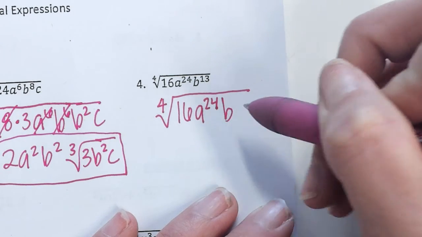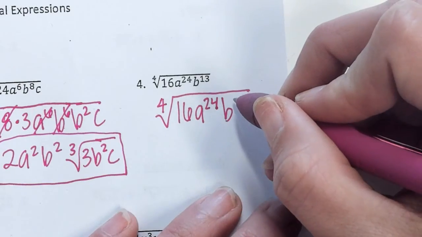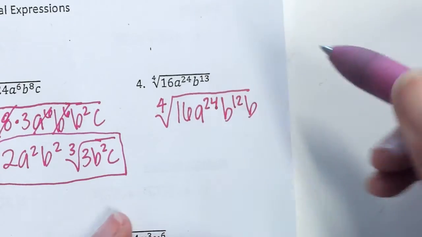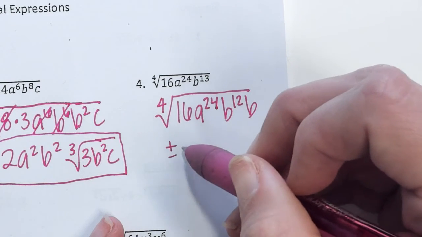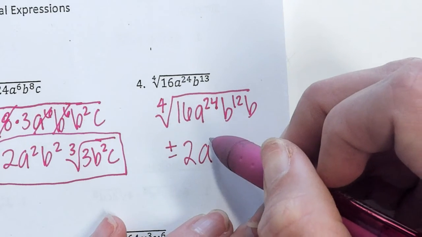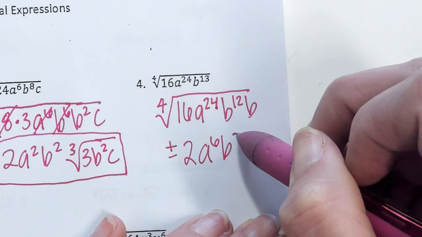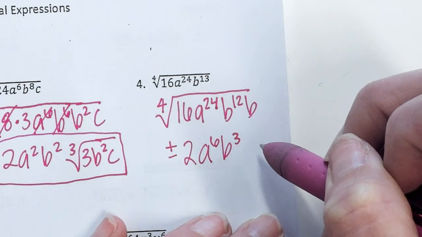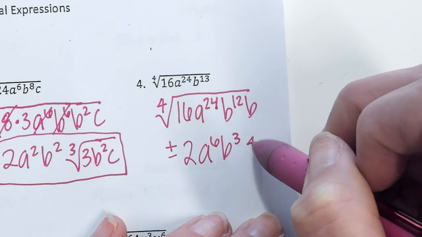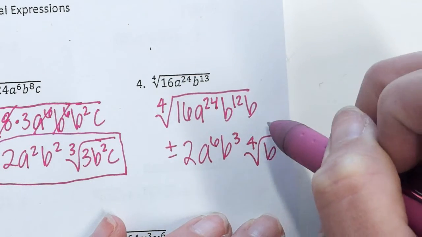We have to break B up into what? Good. Final answer? Plus or minus 2a to the B and 4th root of B. Very good.